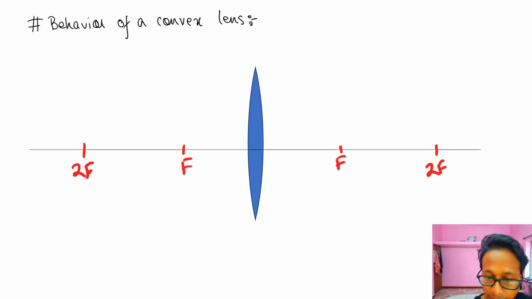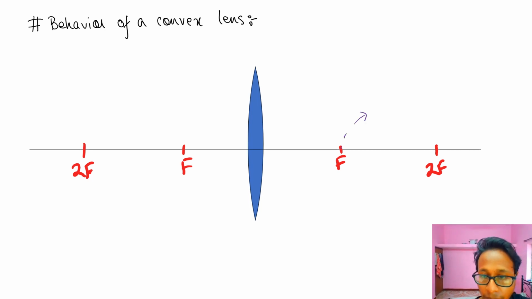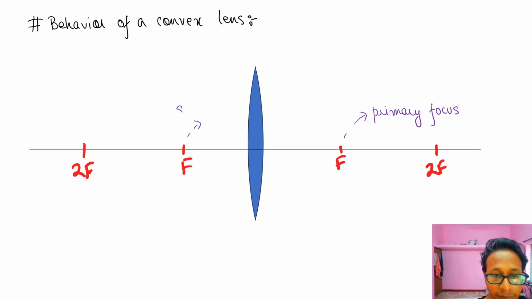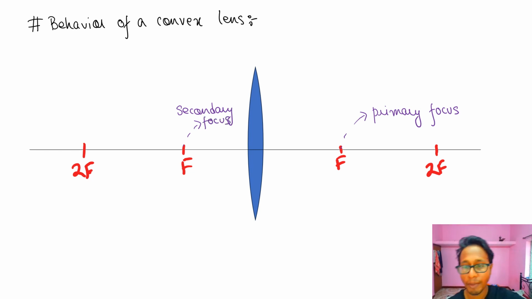One of them is the primary focus, and the other one is the secondary focus. Primary focus and secondary focus are nothing but the names of the two focal points in a convex lens.